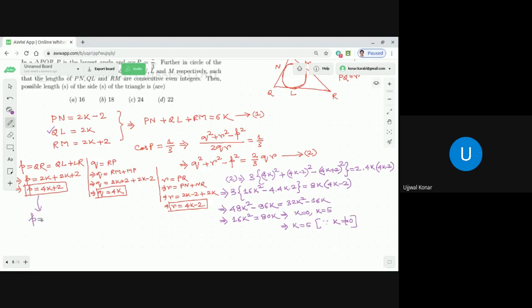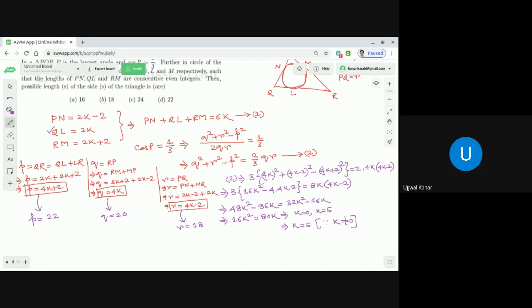The value of P is 5 into 4 plus 2, that is 22. The value of Q is 5 into 4, that is 20. And the value of R is 5 into 4 minus 2, it is 18. So we get the values 22, 20 and 18.